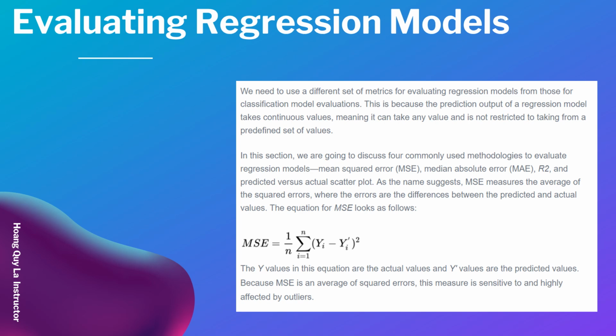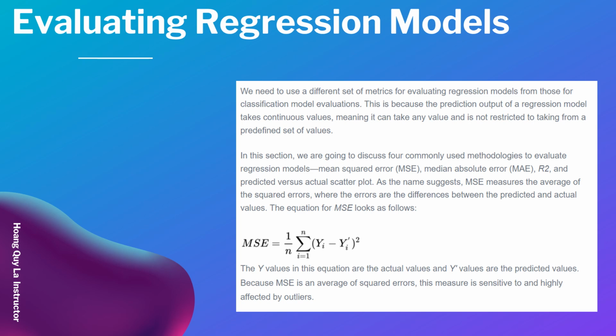As the name suggests, mean squared error, which is the MSE, measures the average of the squared errors, where the errors are the differences between the predicted and the actual values. The equation for the mean squared error is like that.